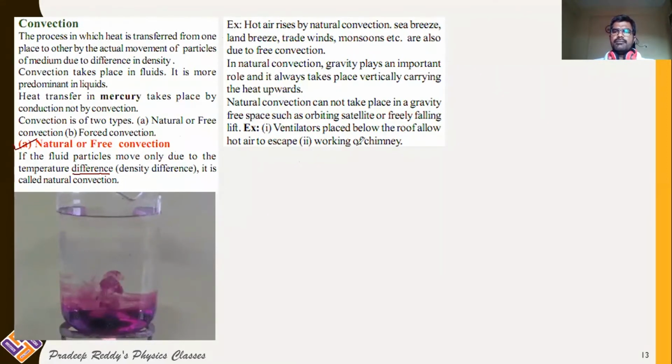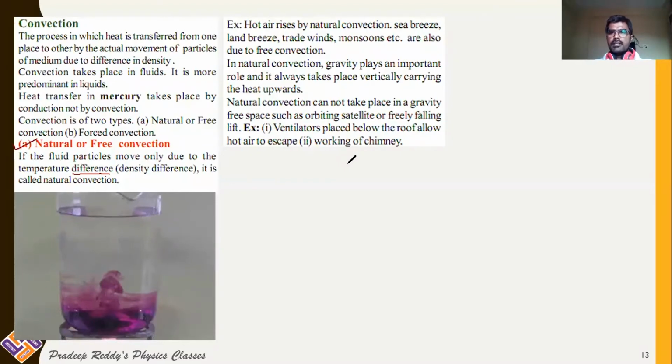Generally, in our daily life, free convection takes place through air. Like we fix ventilators near the top of the roof. What actually happens is, when air gets heated up, its volume increases and its density decreases, and that air rises up.